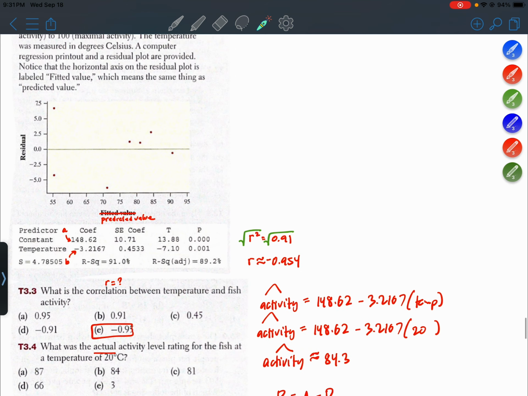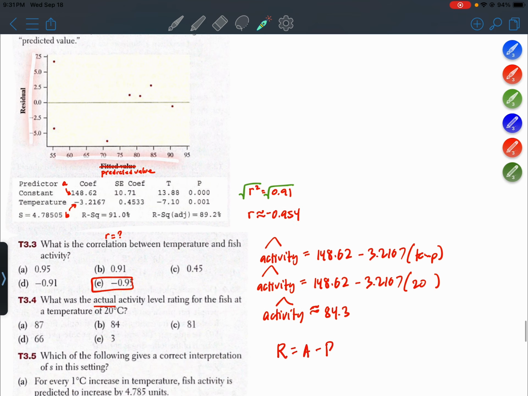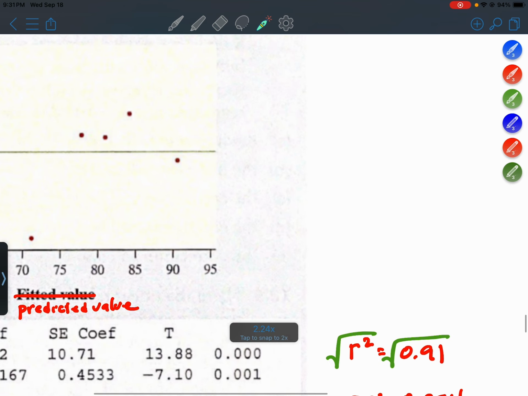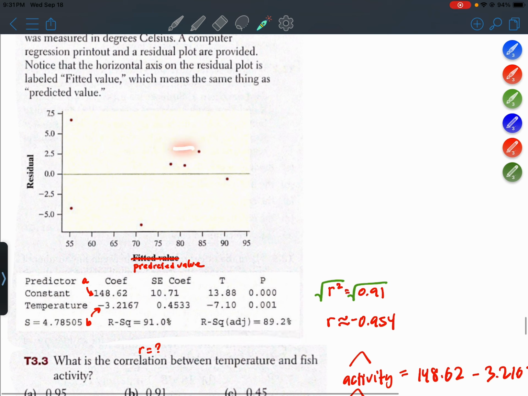We have a residual plot, and maybe we can figure out the residual from this graph. This graph is showing the residual versus the predicted value, and we just got the predicted value of about 84. So I'm thinking that that dot there represents 20 degrees Celsius, and so I think that the residual is going to be 2.5.